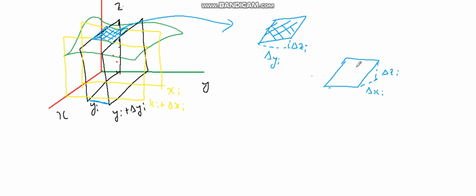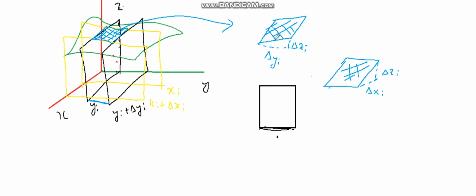Now what will be the surface area of this plane? So the surface area is going to be, let me redraw this plane. The surface area is going to be this length times this length. And what is this length?